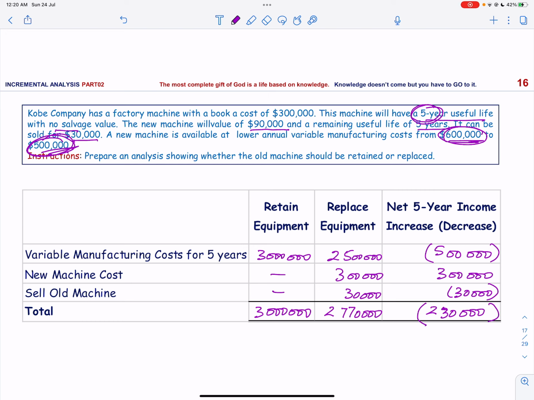So the old factory machine should be replaced, because if we replace it with a new machine, it will reduce our cost by 230,000.